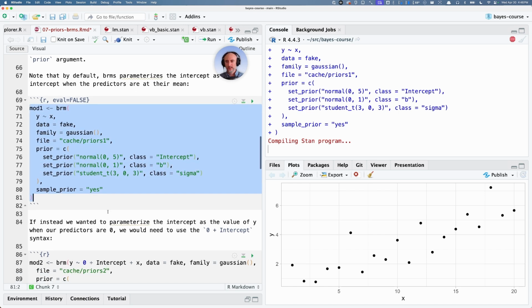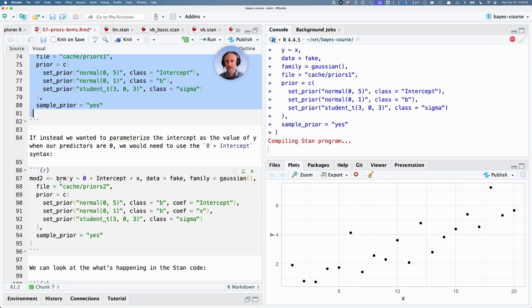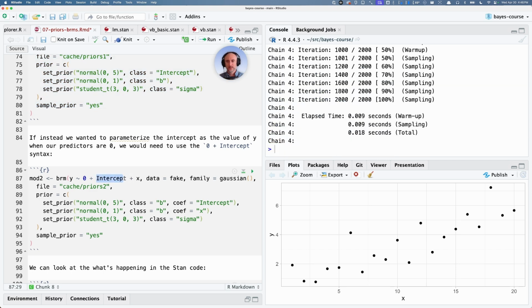And the other way we can set it up is what we have here with 0 plus capital I Intercept. So for BRMS, this is a special formula syntax, and it treats this now as an intercept, and this suppresses the default intercept in an R formula. This could also be -1. It would do the same thing.